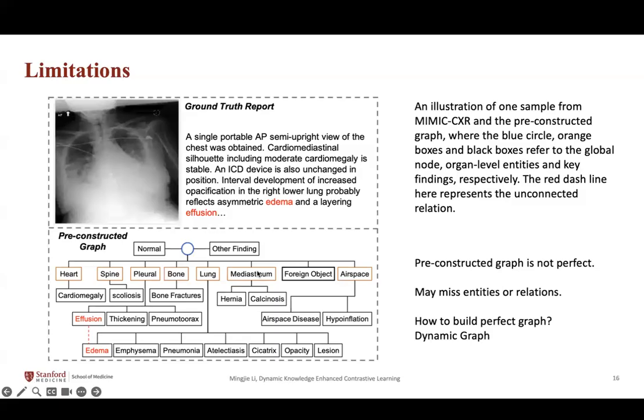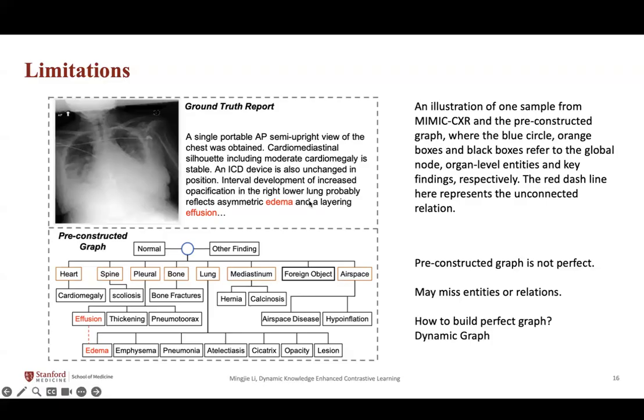To tackle those limitations, we propose a dynamic graph with dynamic structure and nodes, and integrate it with visual features to generate high-quality reports. In this case, we can find that in the pre-constructed graph, diffusion and edema are not connected, which means they cannot affect each other, or the information cannot be propagated between them during the training on the graph.